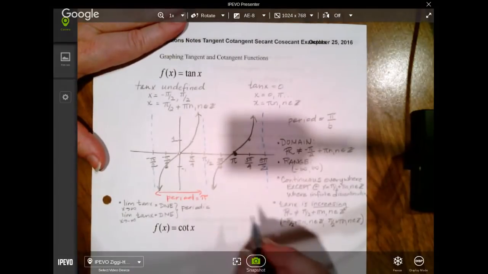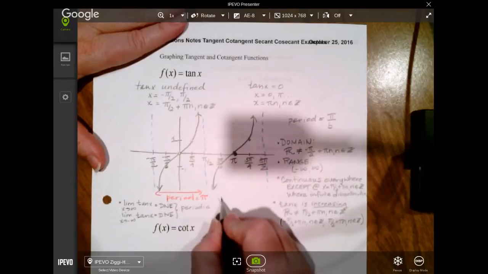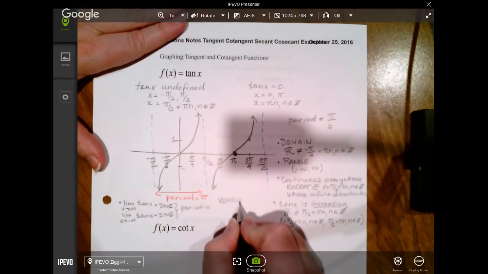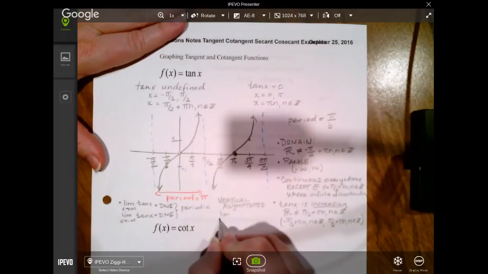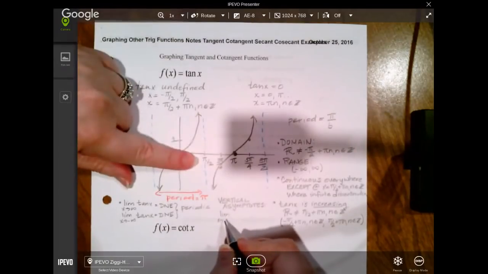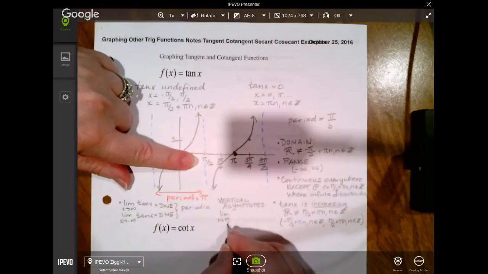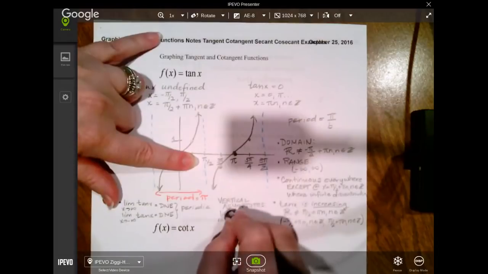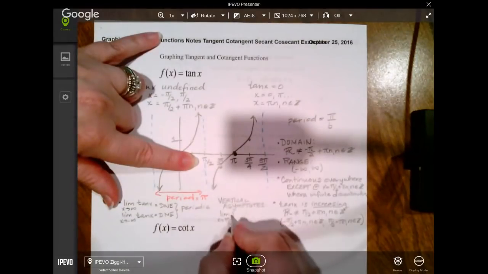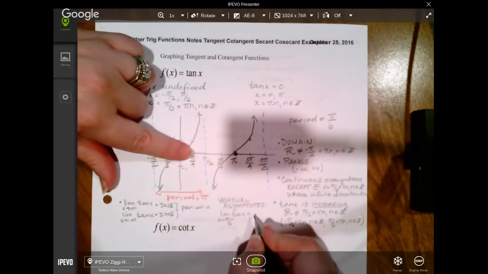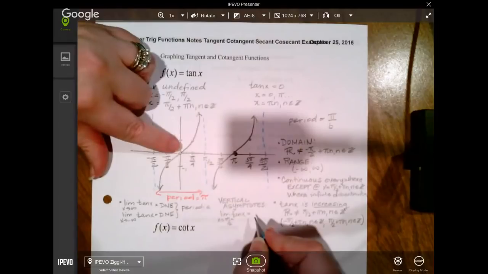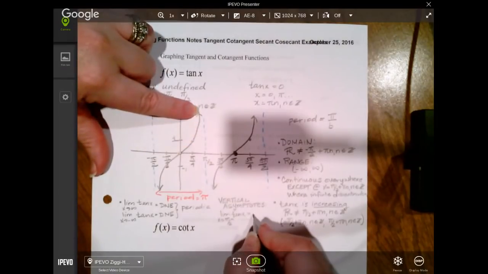All right, what about the limits near the vertical asymptotes? We can say that the limit as x approaches, let's use this pi over 2 asymptote here, pi over 2 from the negative or left side of tangent of x is equal to positive infinity, because as I get closer and closer to pi over 2 from the left, the y is going to get closer and closer to infinity.